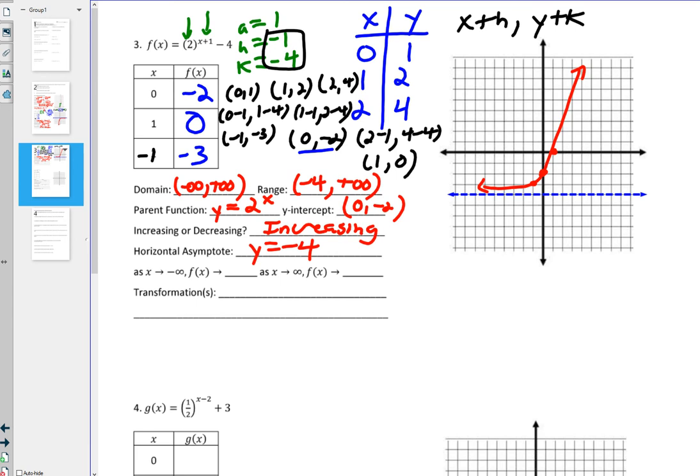What's the left arrow doing? No, not 3. Yeah, -4. If you want to be more specific, it's coming at it from above, so you can put plus there, but don't confuse yourself. And then what's the right arrow doing, Jason?